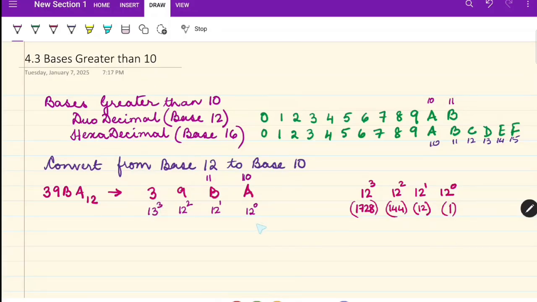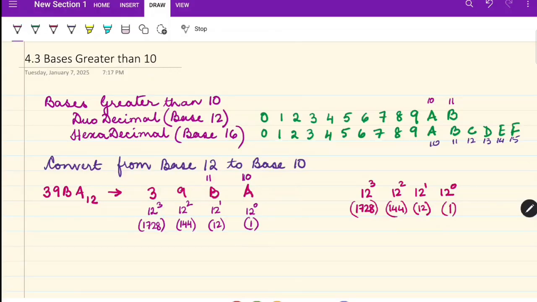And I'm going to put the calculated values of the exponents. 12 squared is 144. And then 1728 for 12 cubed. I don't know why I keep writing 13. It should be a 12.